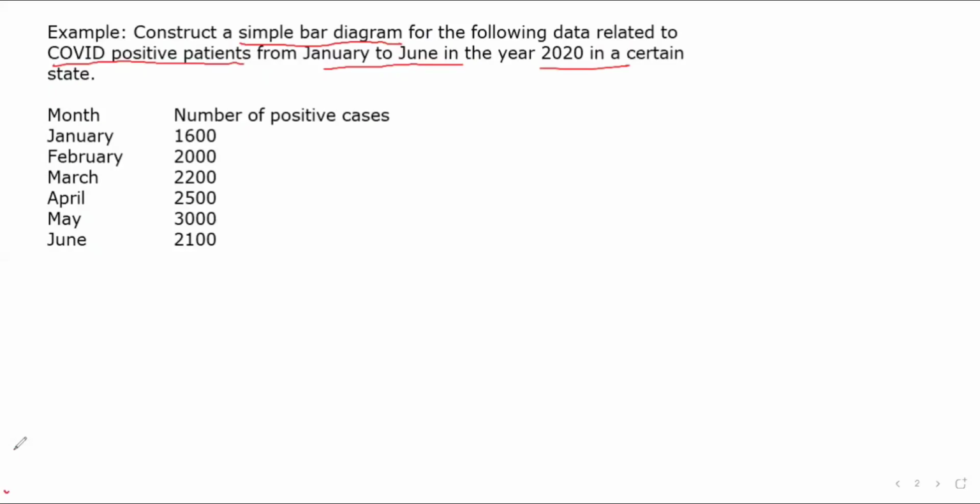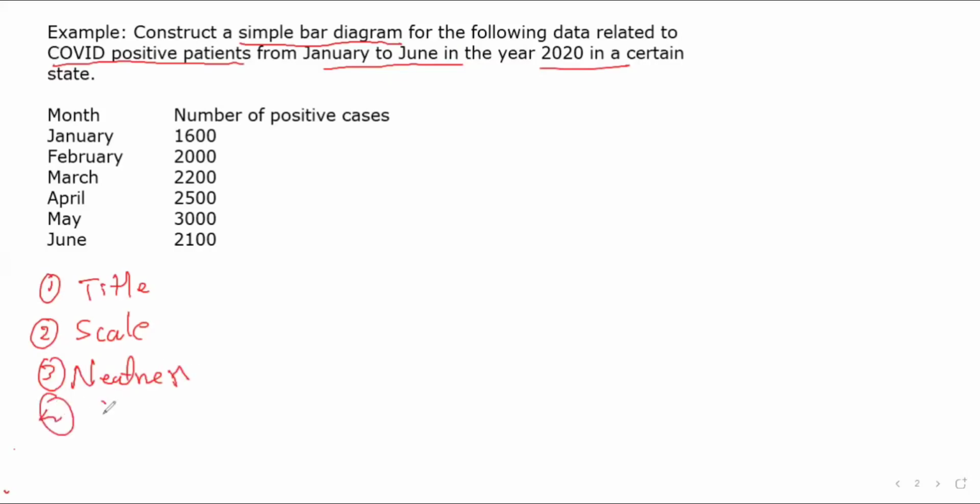Now we are going to represent this with the simple bar diagram. Before drawing, in general for diagrams or graphs, we need to follow a certain set of rules. The first rule is the title. The second is the scale. The third is neatness.